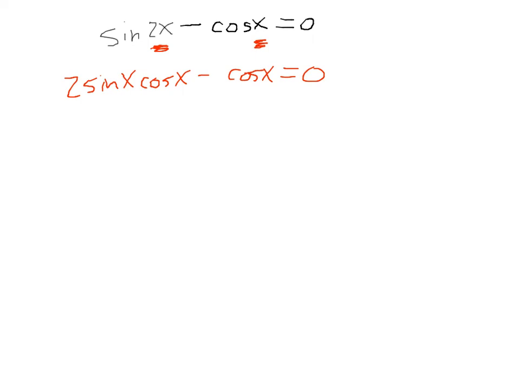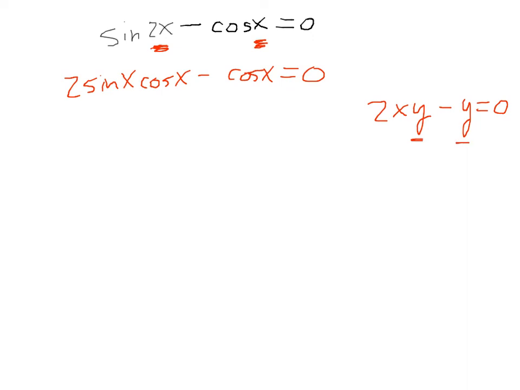And once again, I can't say this enough. If you're not sure what to do when you're solving a trig equation, think of it as an algebra equation. If I looked at this, I would look at this as 2xy minus y equals 0.